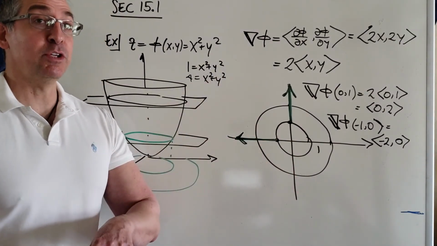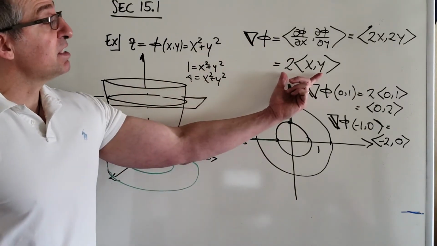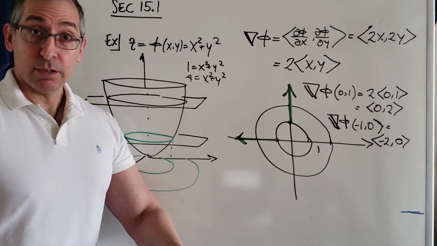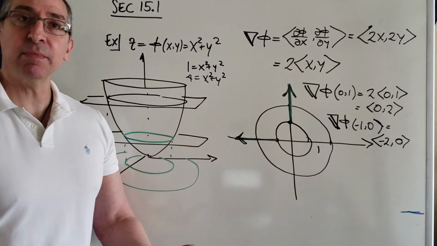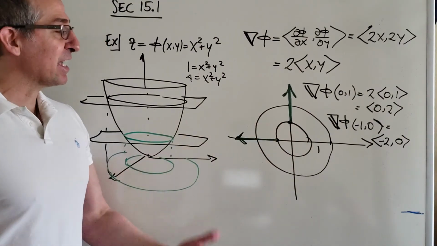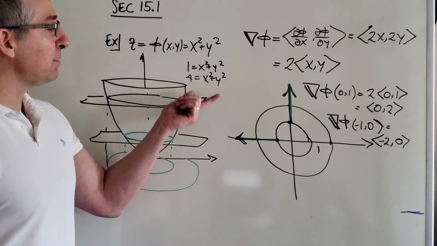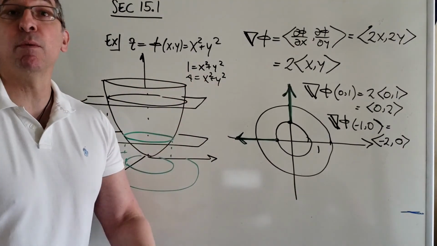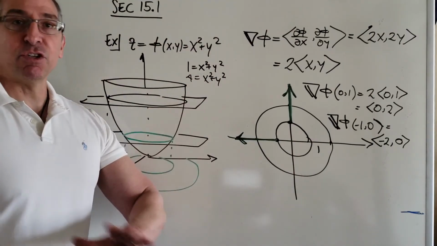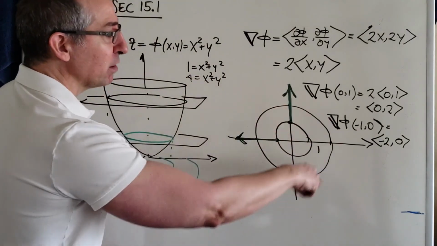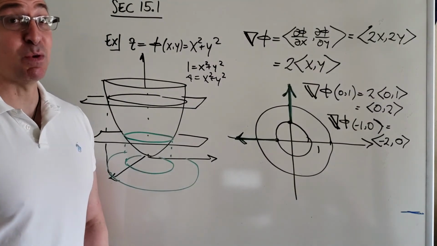Here's what I encourage you to try. Input this vector field into Desmos. Okay. Next, put some level curves in there as well. Put some concentric circles in there. Put x squared plus y squared equals 1 like we did. Put x squared plus y squared equals 4. Maybe one more, x squared plus y squared is equal to 9. And then look at all of the vectors that are generated in relation to all of these level curves. And you'll see exactly what I'm talking about.